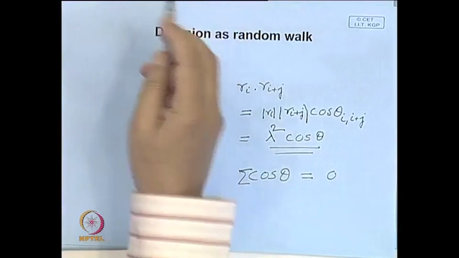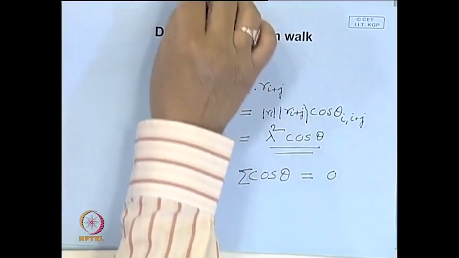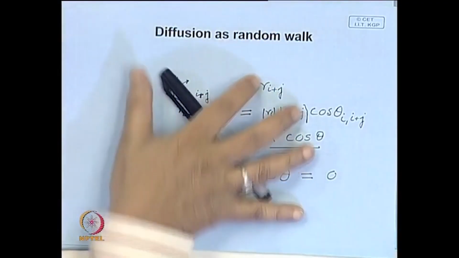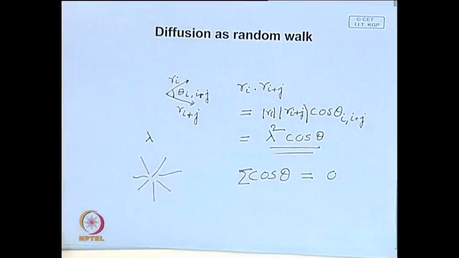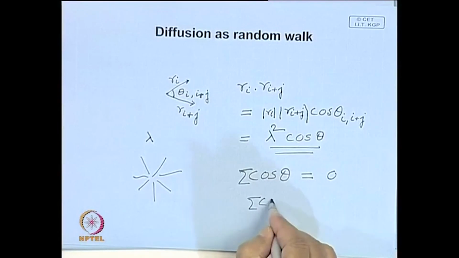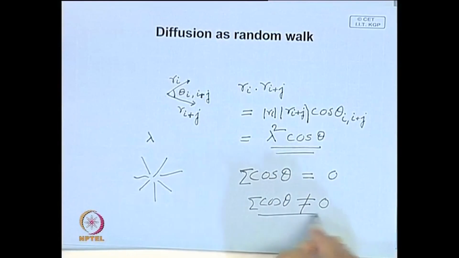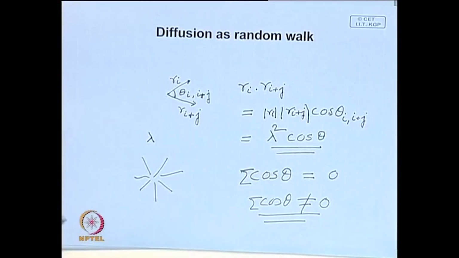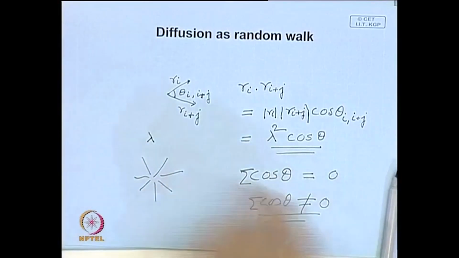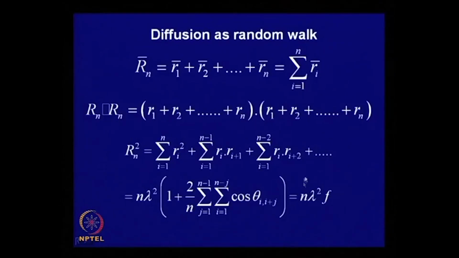But in cases where there is a directionality in the movement, in that case the sum of cos theta may not be equal to 0. So, there you can have an orientation factor, or directionality factor, which is shown here.